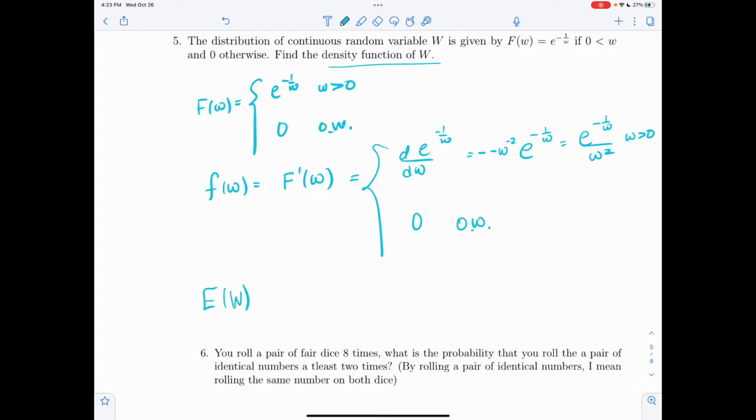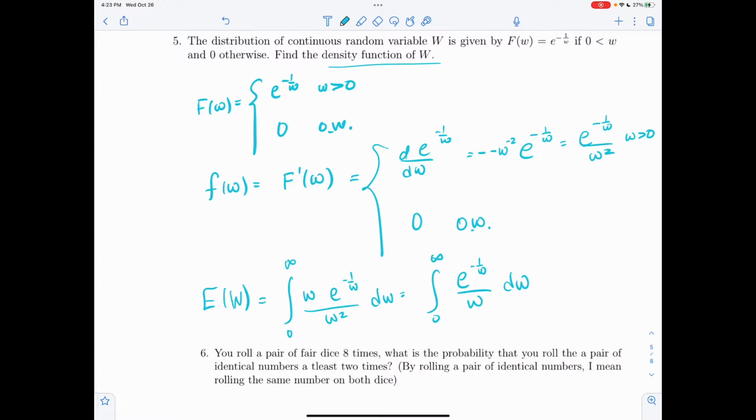So, you could set up an integral for this, and just here's the integral from 0 to infinity of omega times e to the minus 1 over this. So that's the integral.